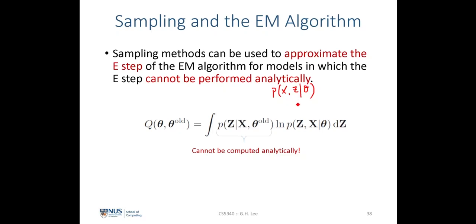We saw in the previous two lectures that in this case, where we have a concurrent set of latent random variables as well as unknown parameters, we have to use the alternating EM algorithm, where we do an expectation step on the posterior of the latent random variables, and then we maximize over the unknown parameters in the maximization step.